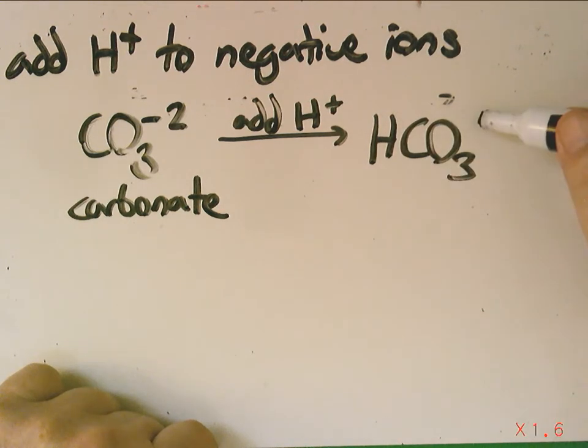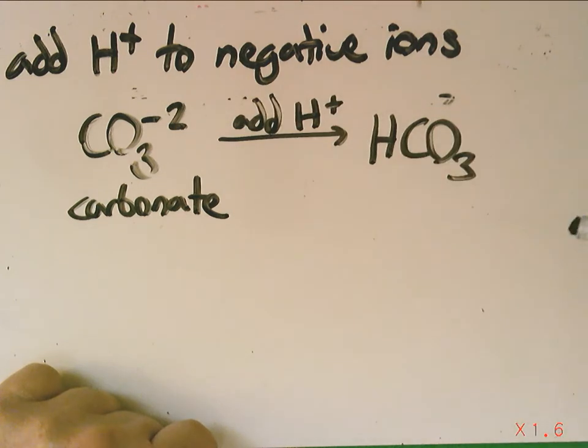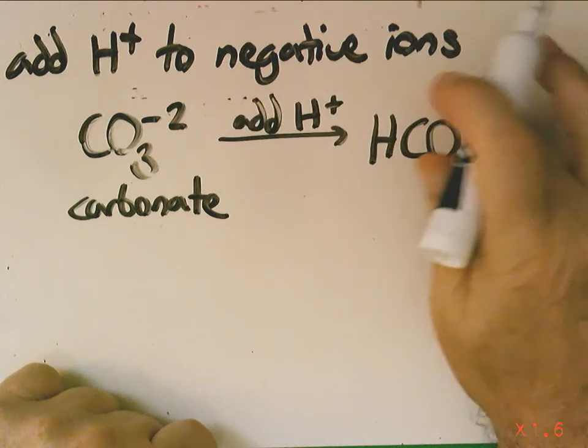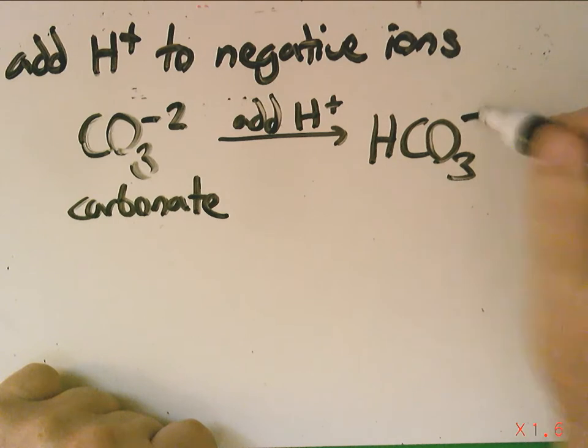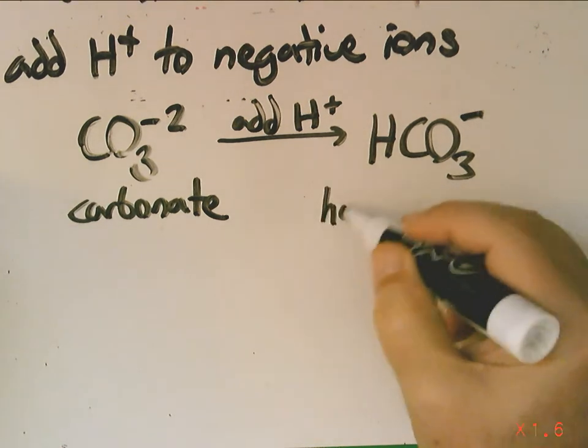What's my charge going to be? I have a -2 charge in the carbonate. If I add an H plus to this, it's going to take the negative charge down by 1. So I'll just have a -1 charge. And this is called hydrogen carbonate.